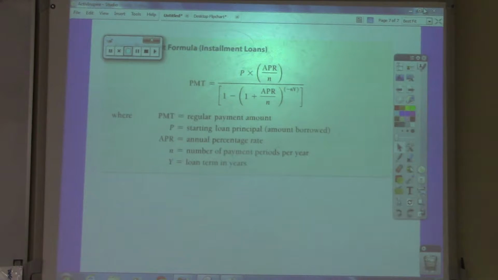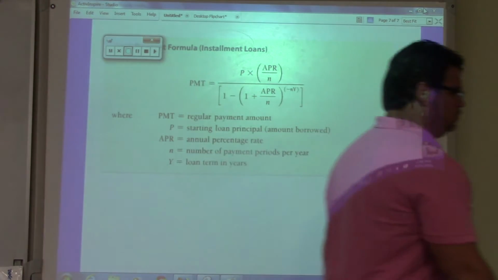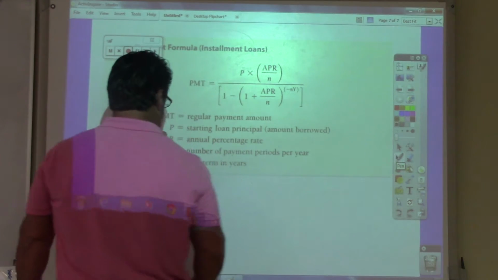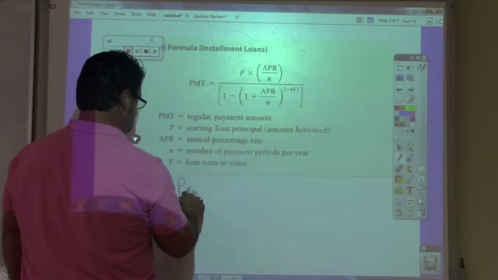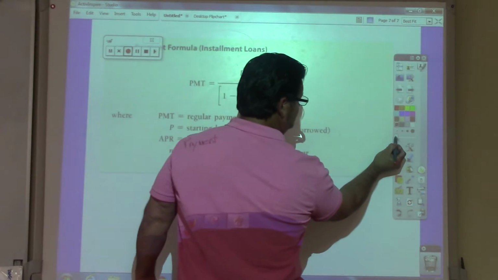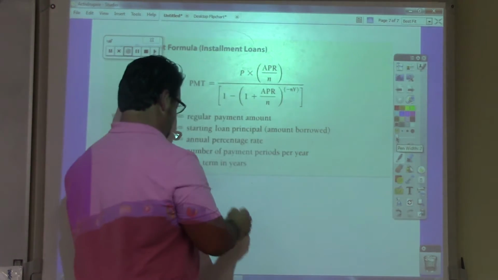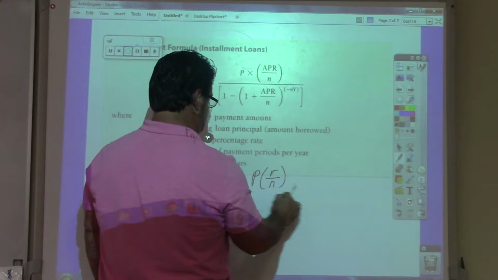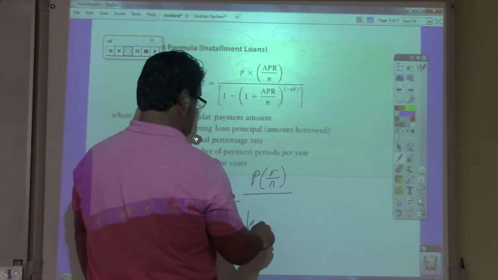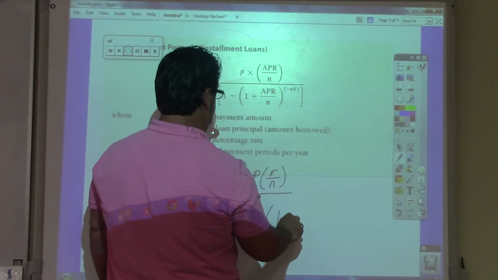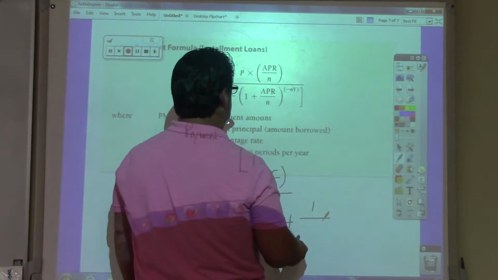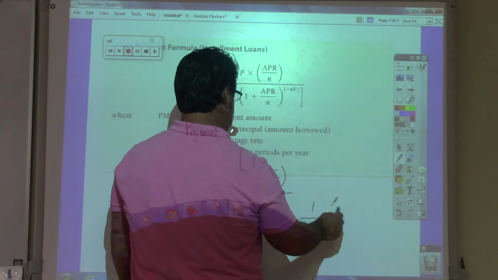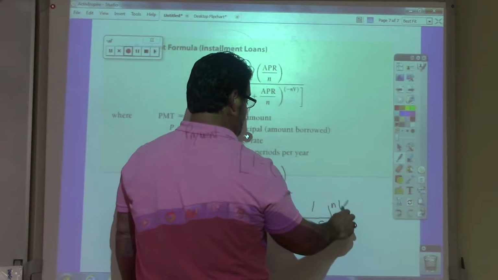So I would change it to payment is equal to P times R over N over 1 minus 1 plus 1 over 1 plus R over N raised to the nt power.